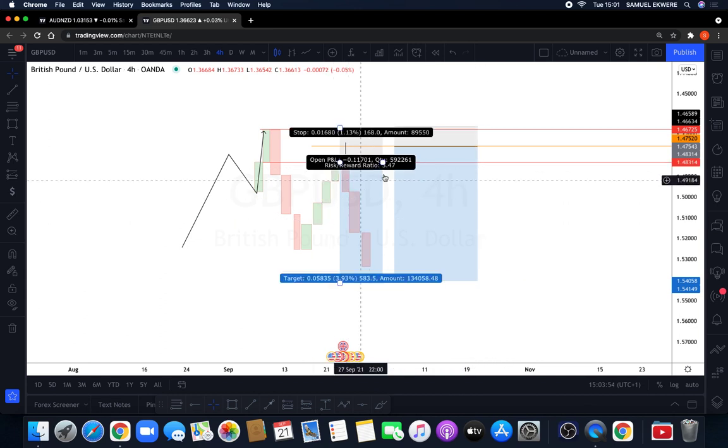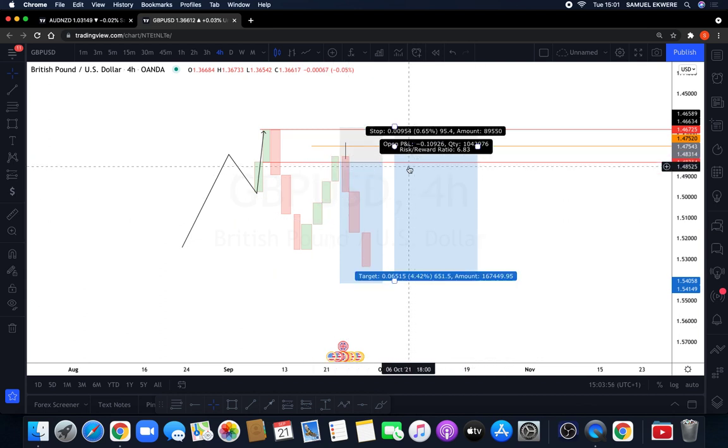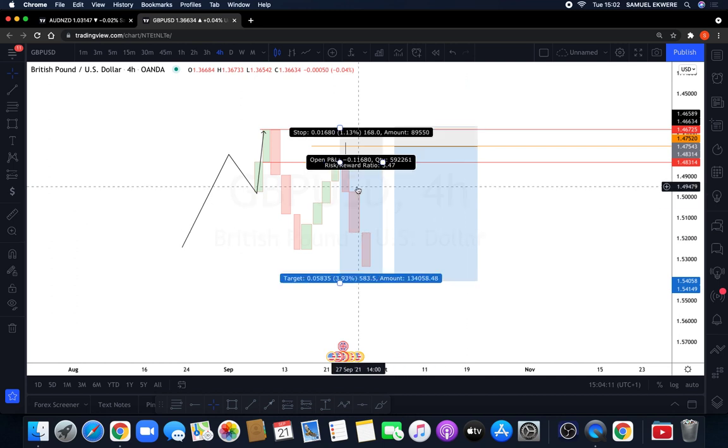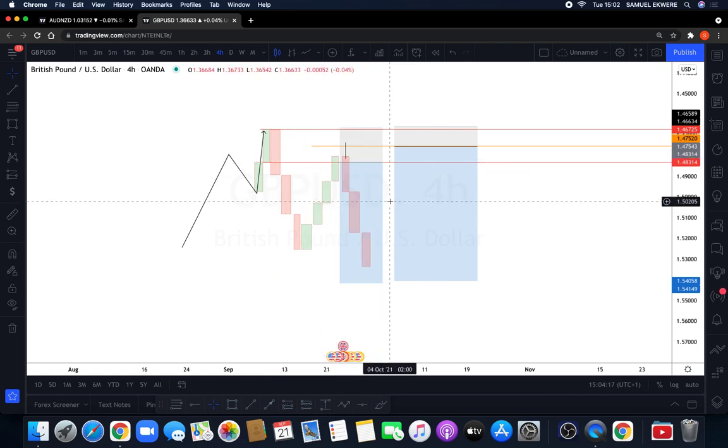Any of the entries would make sense, right? The 50% gives you a lower risk. Using the open for your entry just makes sure you don't miss out on the trade.